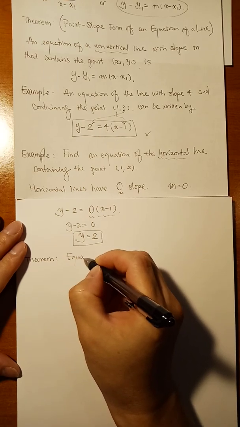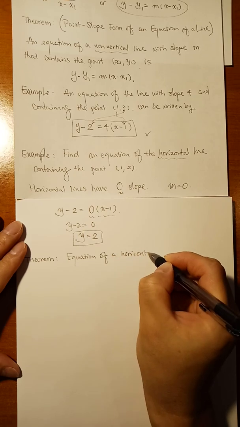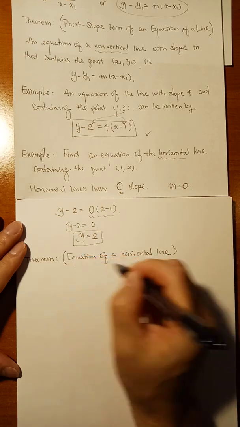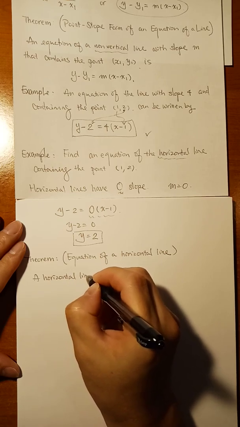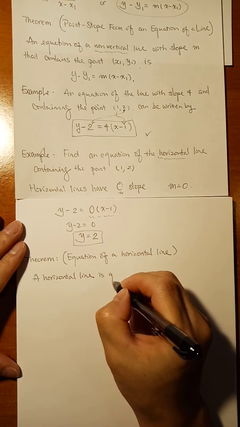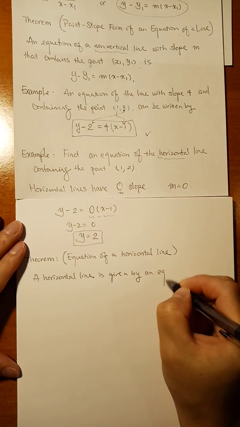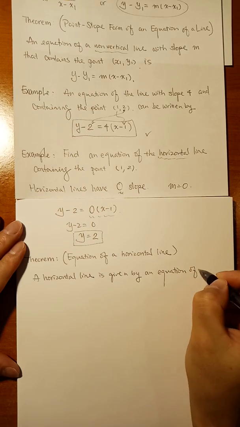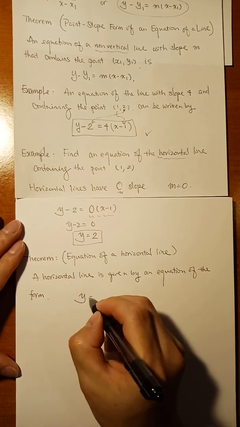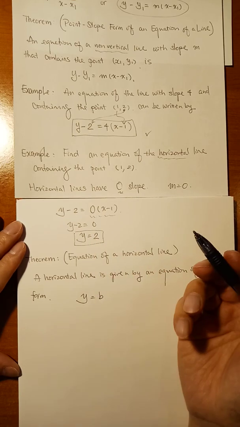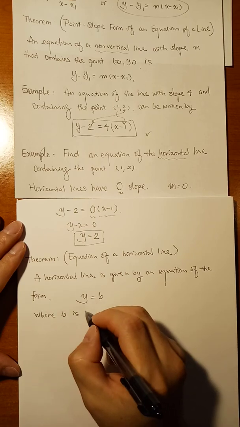The equation of a horizontal line is given by an equation of the form y is equal to b. Y is equal to a number, where b is the y-intercept.